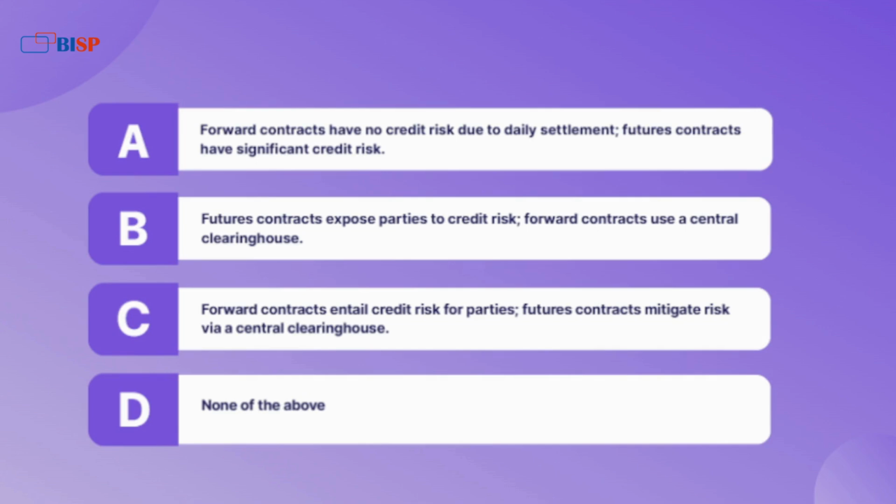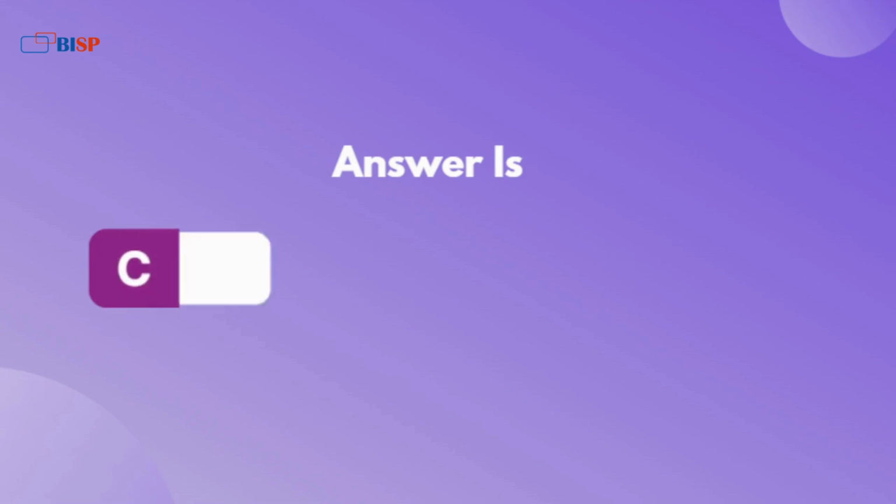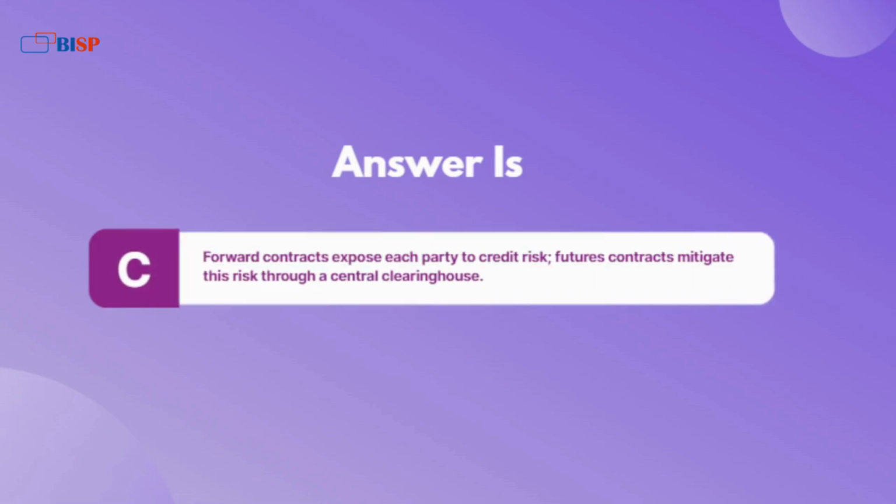Futures contracts mitigate risk via a central clearinghouse. D. None of the above. Answer is C. Forward contracts expose each party to credit risk. Futures contracts mitigate this risk through a central clearinghouse.